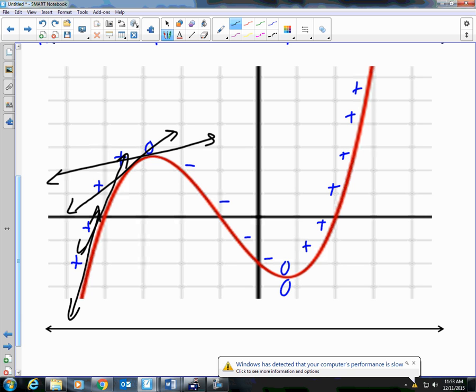But let's think about the second derivative. The second derivative is the rate of change of the first derivative. Tell me, is the first derivative becoming greater in value or less in value? Why is it becoming less in value? The slope is becoming less, right? Here it's really positive, and here it's going towards 0, correct?